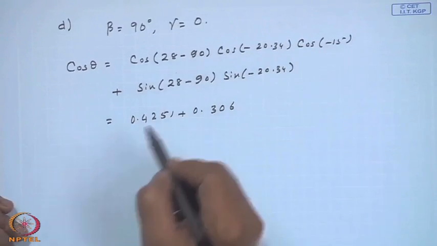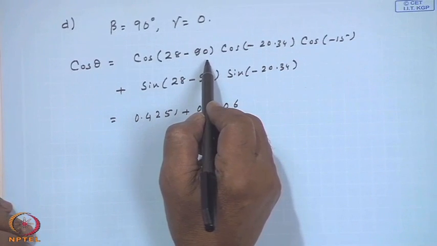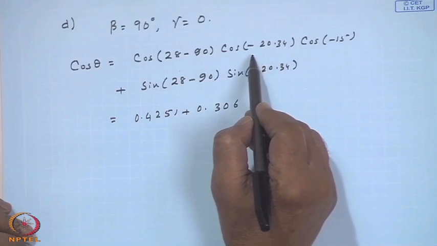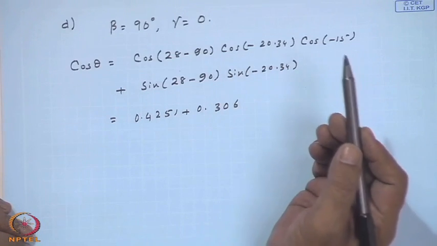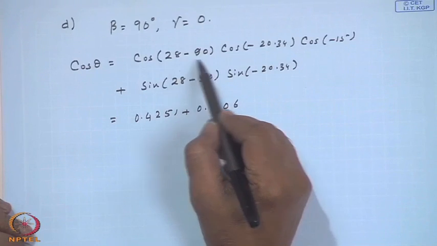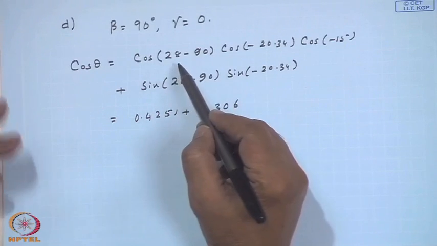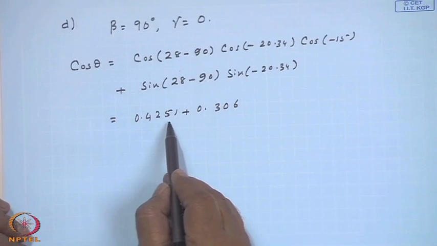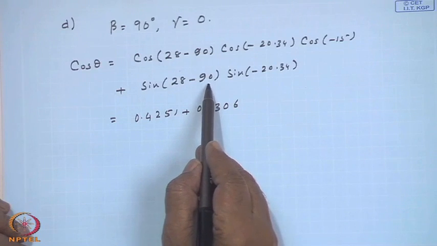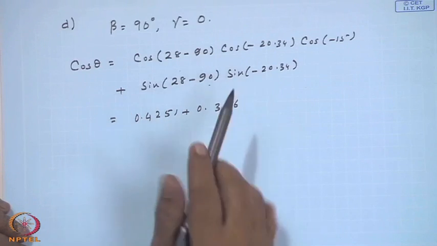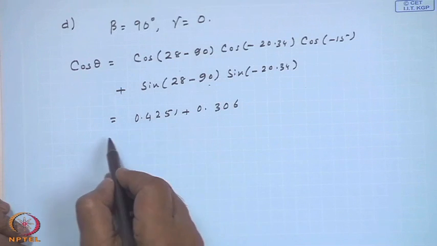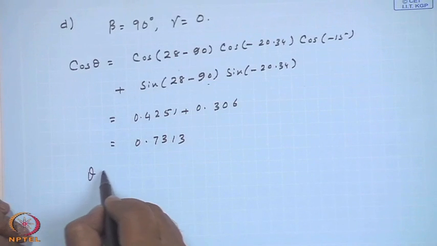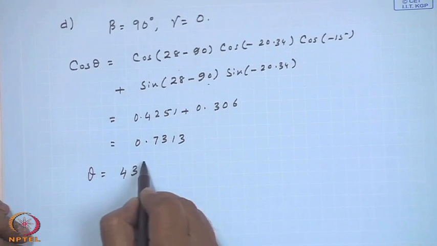Whatever the number you obtain here, phi minus beta is 28 minus 90, that is of no consequence, because cos of minus is cos of plus, and sin of minus theta is minus sin theta. Consequently, this entire thing will be positive, and this is negative, along with this it becomes overall positive, equal to 0.7313, leading to theta equal to 43 degrees.